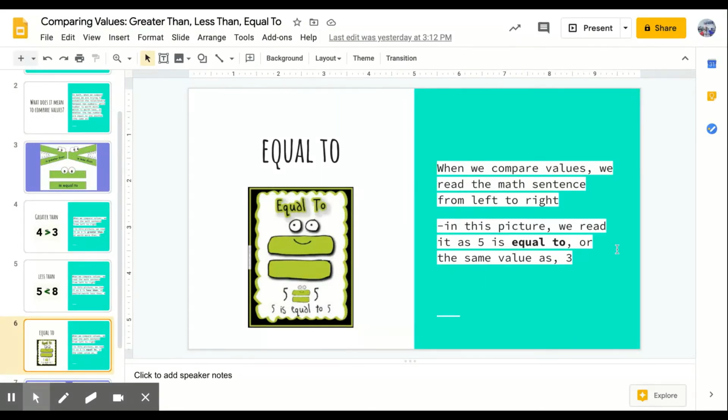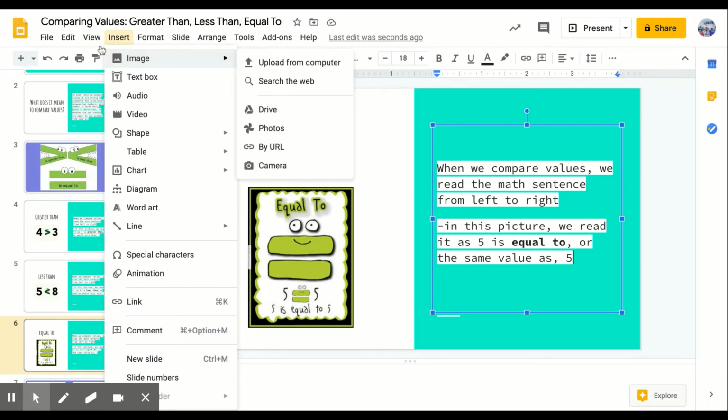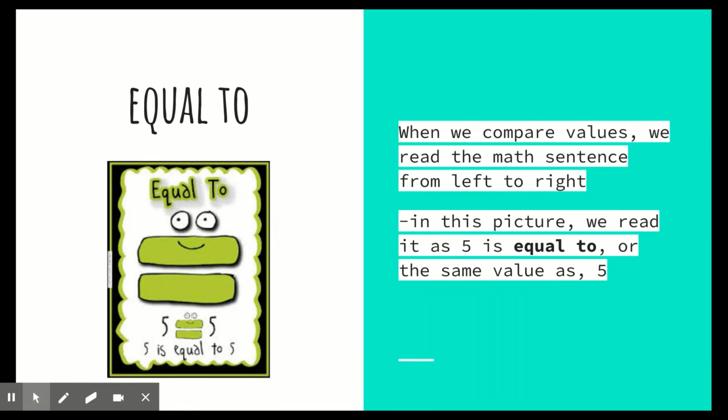Let's fix that. Even teachers make mistakes. So 5 is equal to or has the same value as 5, all right? If it was 5 and 3, those would not be equal because 5 is larger than 3, so this statement is now true. 5 is the same as 5. $5 is $5 all day long, okay? So they are equal to, everything is good.